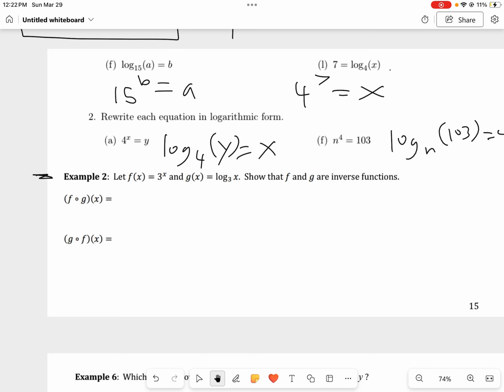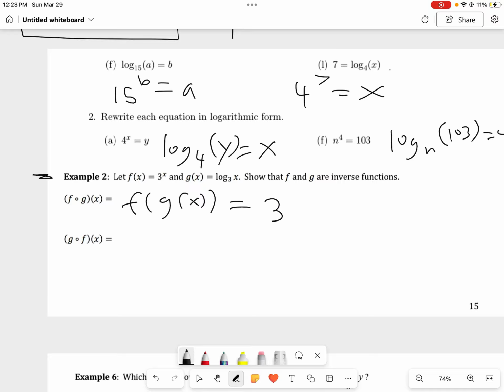Okay, so it says, trying to prove that they're inverses by seeing if we plug them into each other, they yield x. So this is just f of g of x, and f of x is 3 to the x. So we're doing 3 to the power, and then we're plugging in g of x, which is log base 3 of x. Okay, boom.